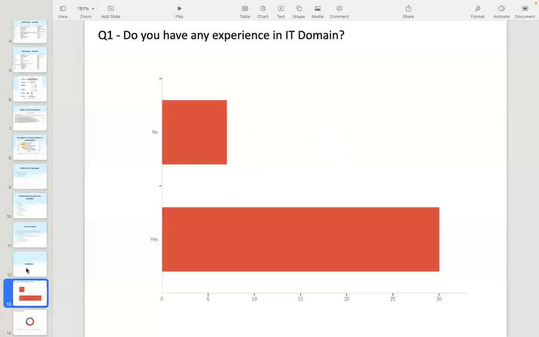I'll start with the questions here. We started with a question to see if the person has experience in the IT domain or not. Around 30 respondents say that they had experience with the IT domain.